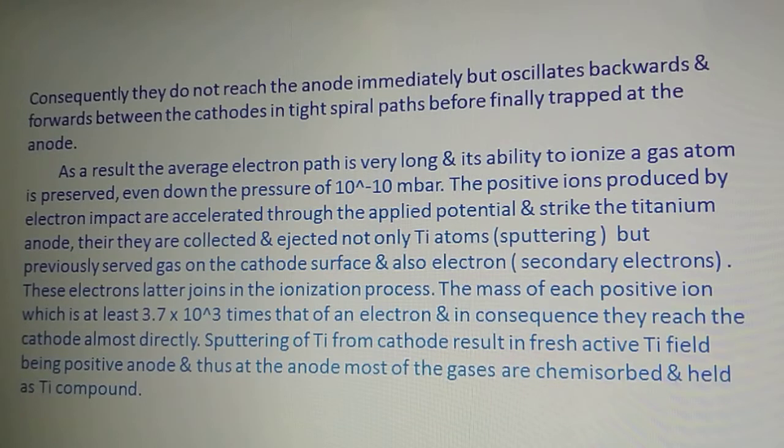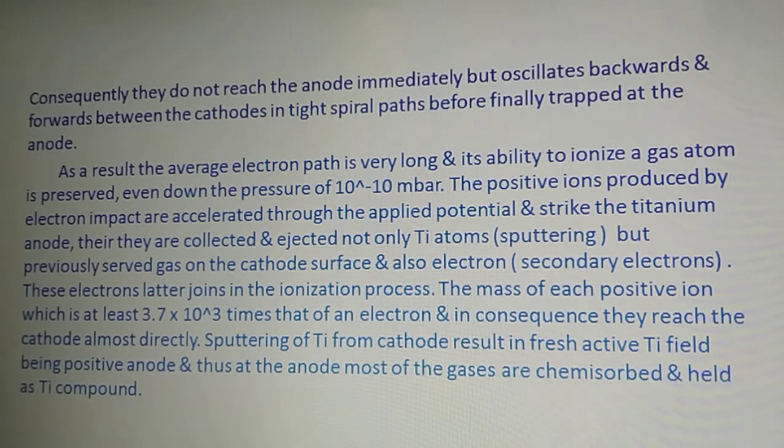Those electrons are called secondary electrons. These electrons later join in the ionization process. The mass of each positive ion is at least 3.7 times 10 to the power 3 times greater than that of an electron, and in consequence they reach the cathode almost directly.